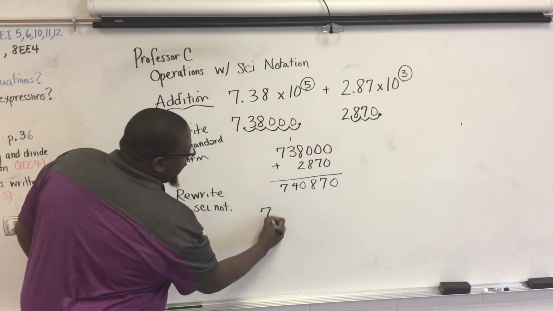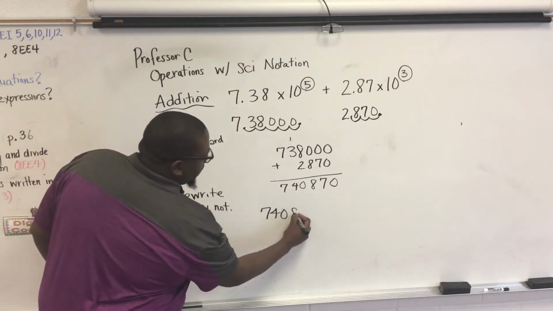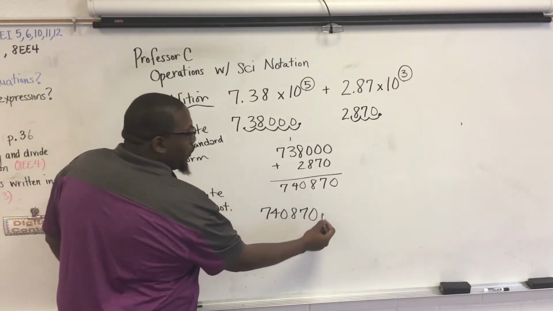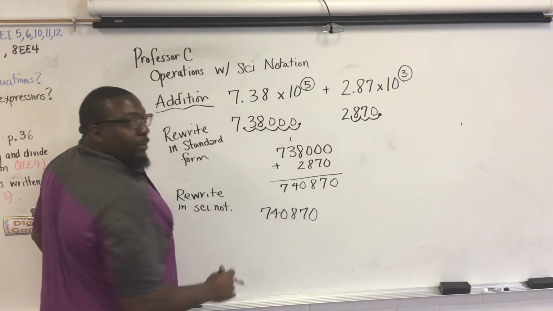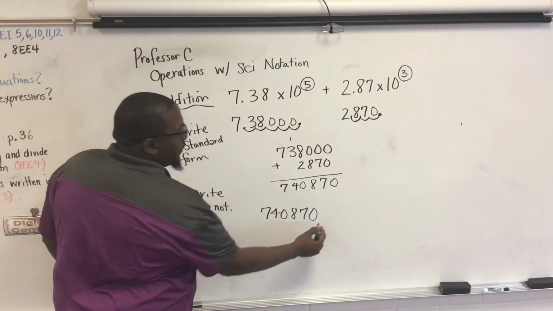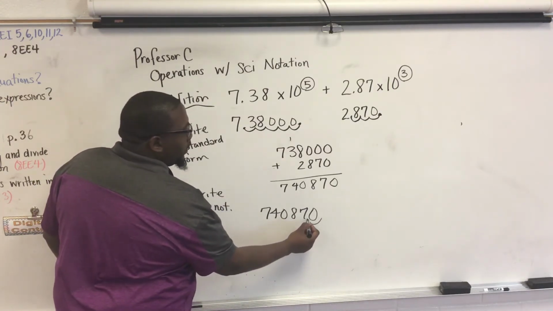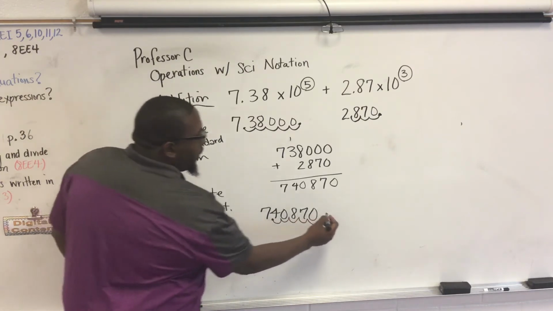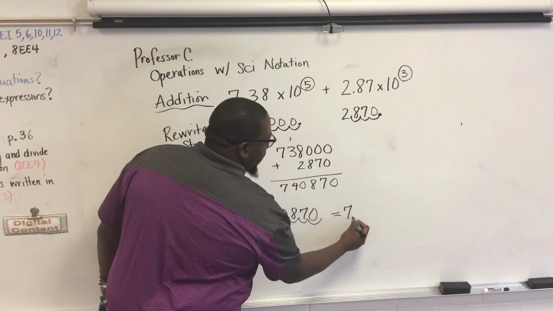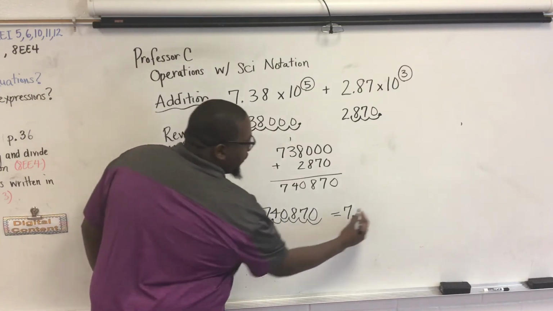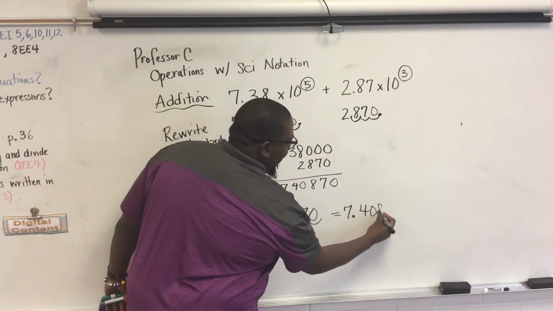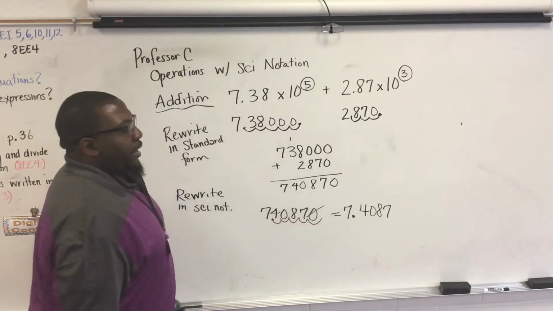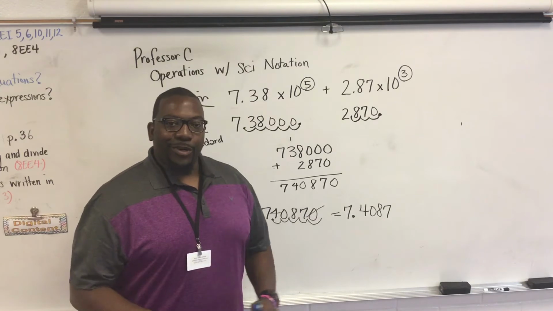Okay, so I take my number and I want to move the place value so I can have a number between 1 and 10. So let's count. 1, 2, 3, 4, 5. This number in scientific notation is 7.4087. This last 0 is simply a placeholder.